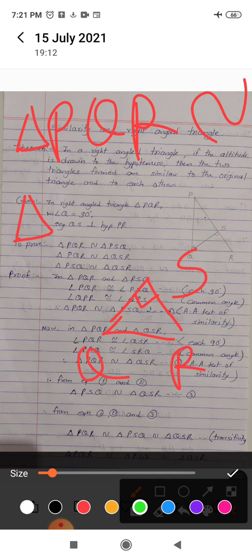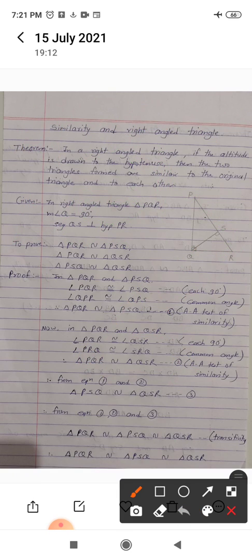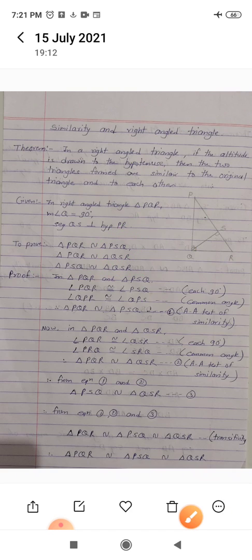So 90 degree is here at second position. Then go for common angle. So common angle is R. So R is at third position. So the remaining angle is Q, which will go on first position. So this is the one by one correspondence, and from this we can write this statement also.